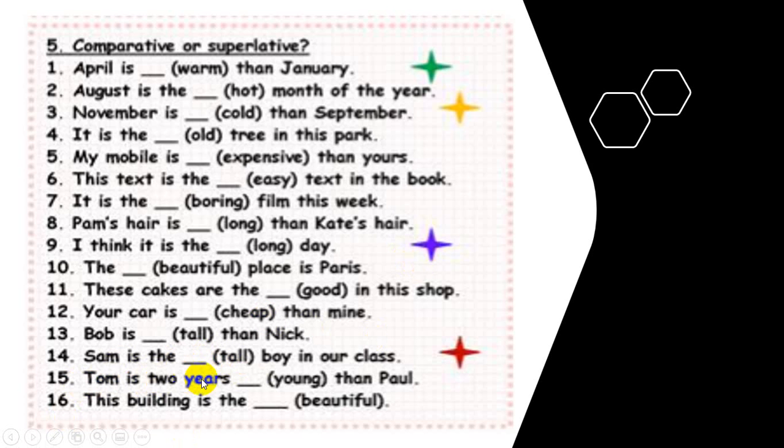Number 15. Tom is 2 years ___ than Paul. Of course, younger than. Tom is 2 years younger than Paul. The last one. This building is the ___ beautiful. The most beautiful. Very good. Good job for you all.